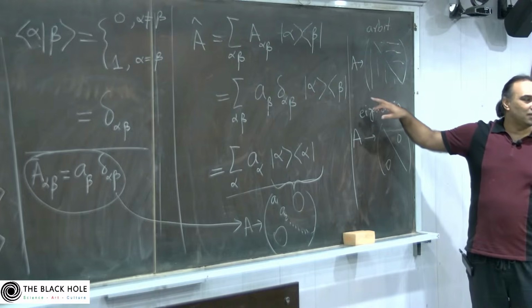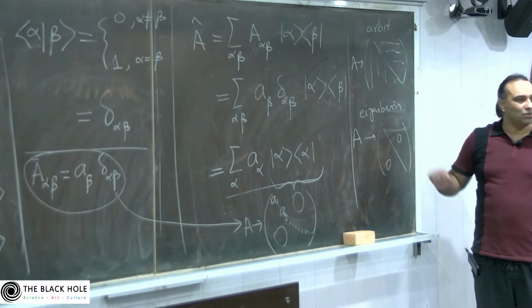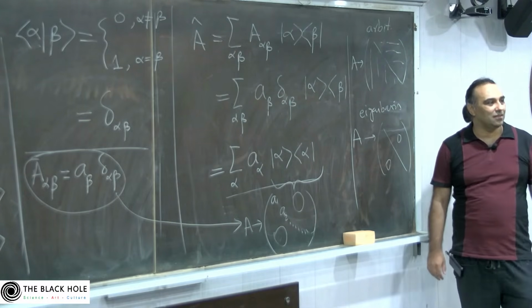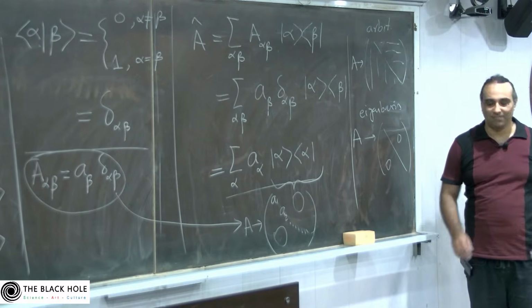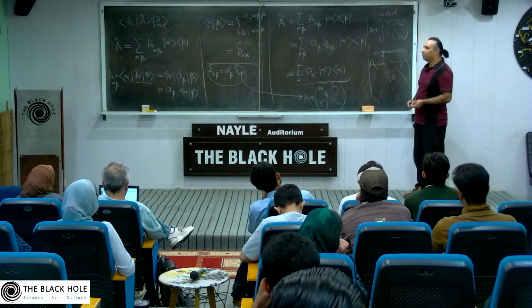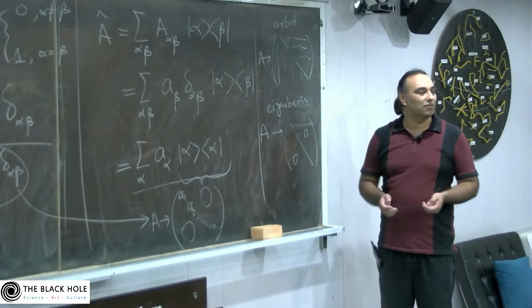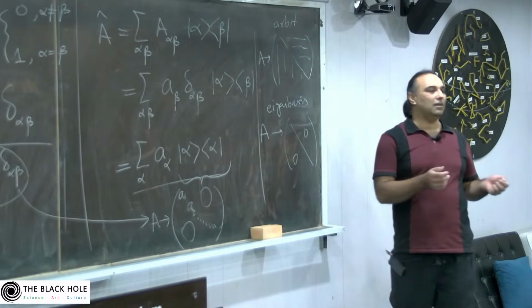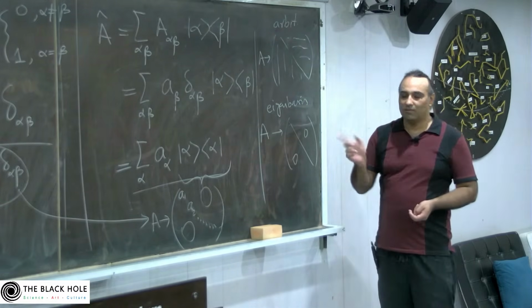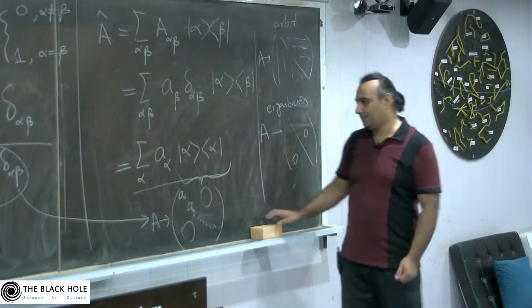Now we can go from here to here by using a transformation actually, and we can use similar transformations to change the basis of a vector or an operator. So now let's talk about that.